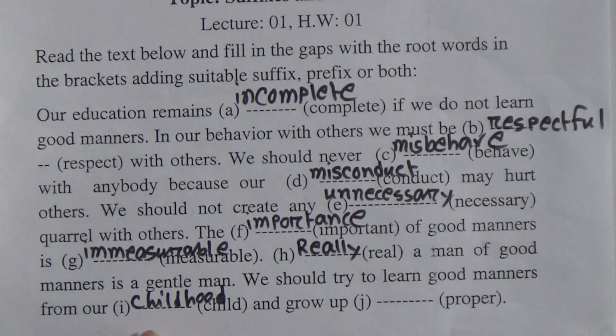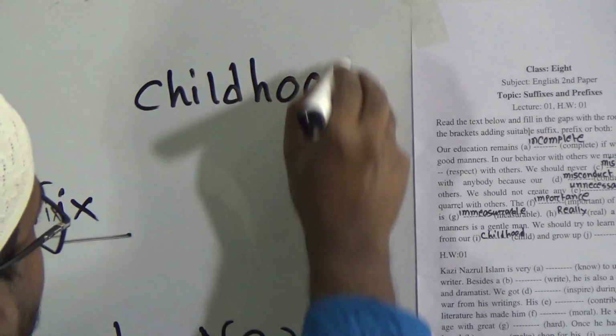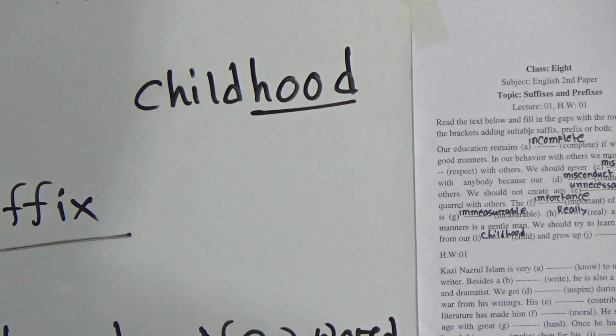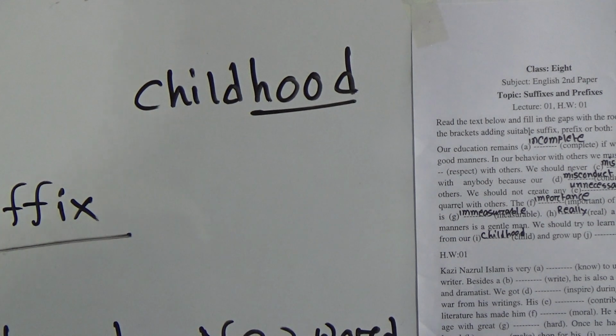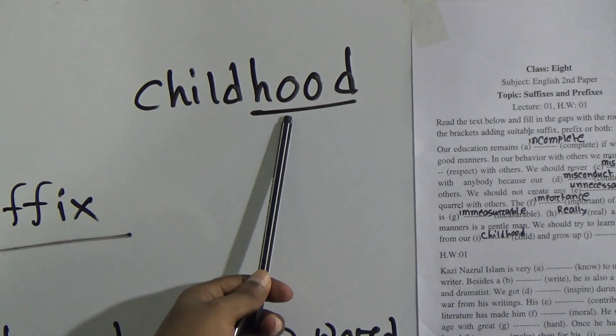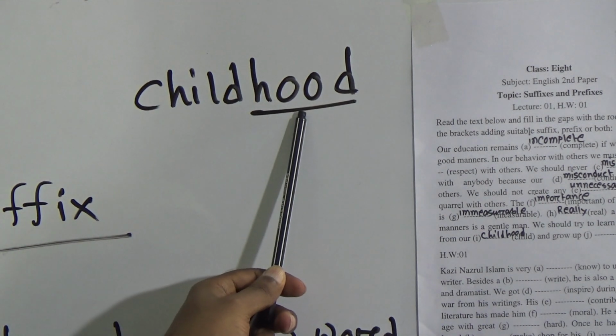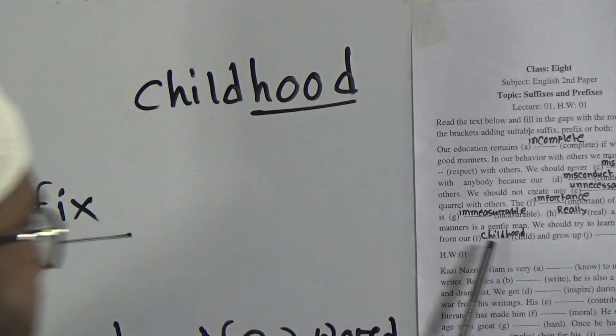It is childhood, CHILD, then HOOD. Here we have got the example of a suffix: child, then hood. This is an example of a suffix.